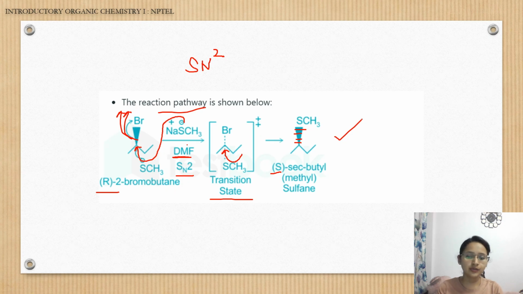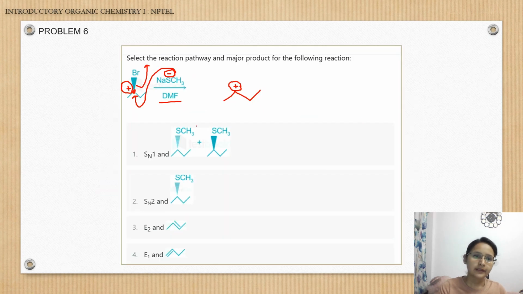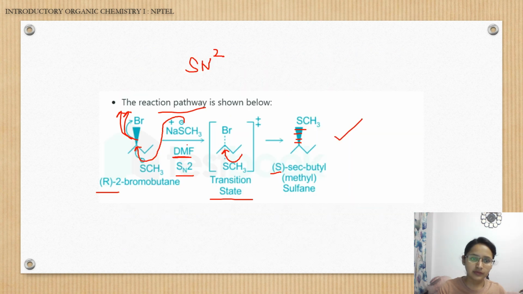Okay, if it is understood, then the correct, sorry, why is it coming from the opposite side? Okay, see, just imagine if your leaving group is above the plane, right? There can be two faces at the carbon, one above the plane and one below the plane. Your Br is already above the plane, so it is blocking one side, right?